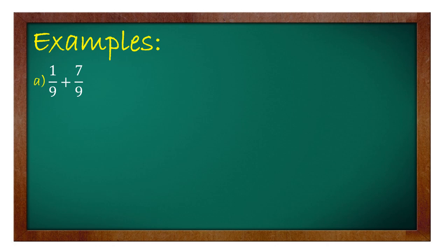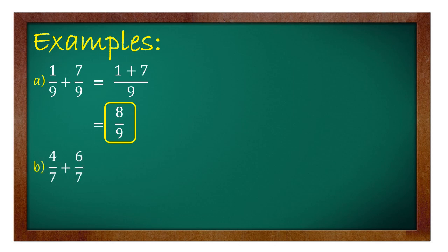So, yung numerator natin, i-add lang natin. So, that's 1 plus 7 all over. Then, copy lang natin kung ano yung denominator, which is 9. So, 1 plus 7 is 8 over 9. So, since wala naman ng common factor si 8 at saka si 9, so that means that is our sum.